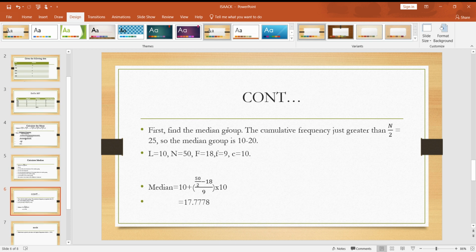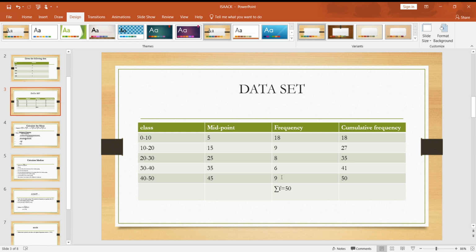Having this formula in our mind, let us then calculate the median. First, find the median group. This data set has a frequency of 50, therefore, our median position is 25. Then 25 lies in this class of 10 to 20.